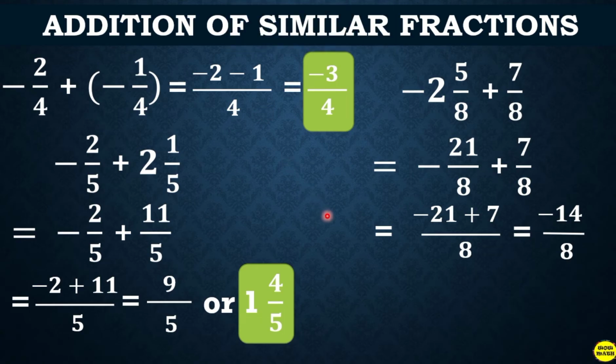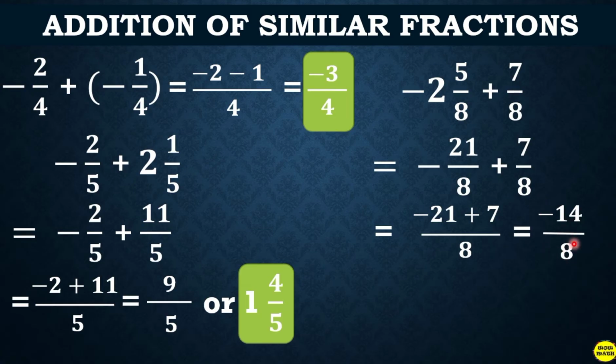So, again, negative 21 plus 7 over 8 is equal to negative 14 over 8. Kasi i-add natin ito, different sign sila. So, that is 14. And then we will copy the sign of the bigger absolute value, which is negative. That's why this is negative. And then just copy the denominator, your 8.